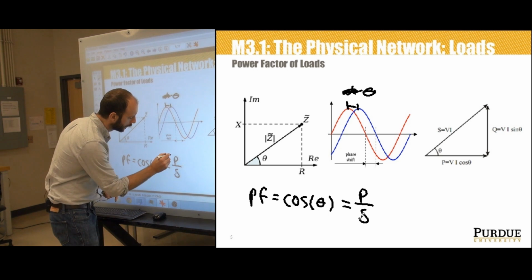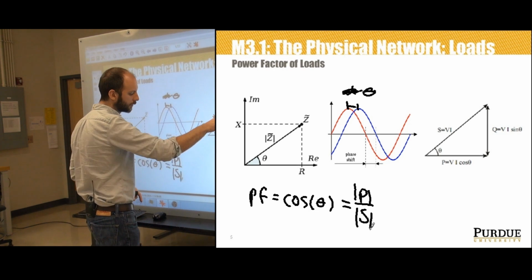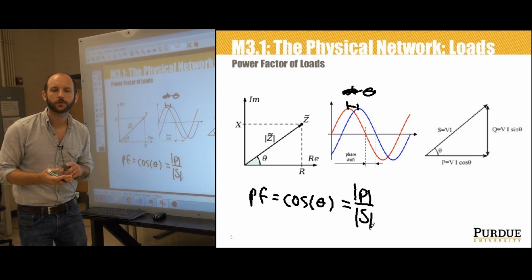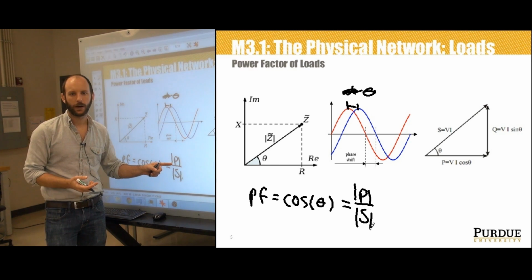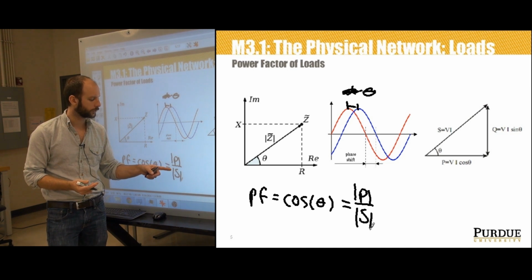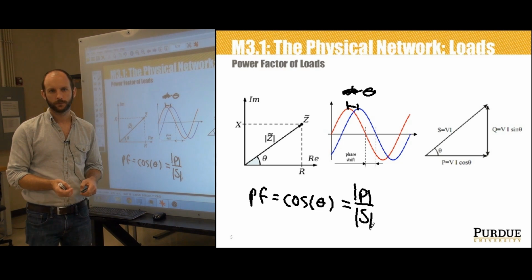I should point out, these are the magnitudes, right? P doesn't have an angle on it. S does, so this is a magnitude. So most frequently, what power factor should tell you is the ratio of real power to apparent power in a circuit. What is my ratio of real to apparent power?